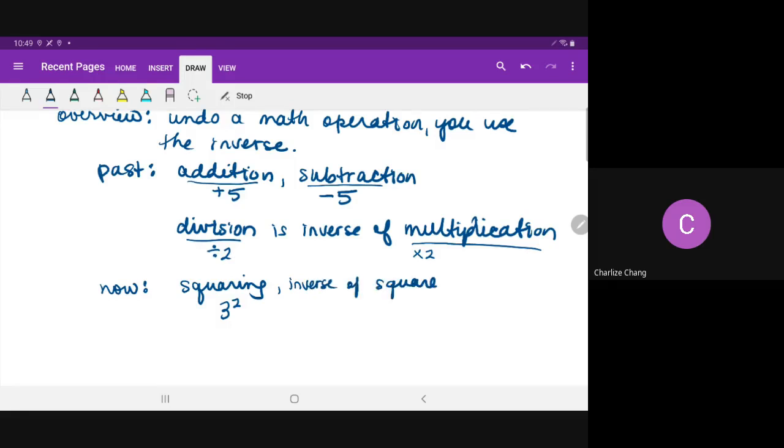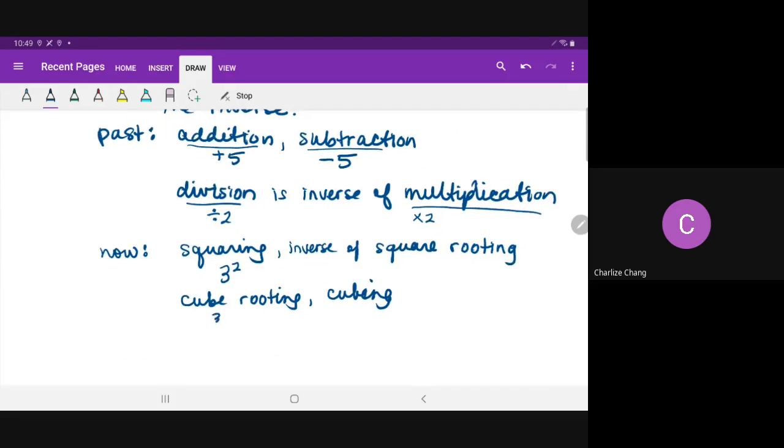So it's the idea of, in equations, how can you get rid of one that's already there? Or say you have cube rooting. To get rid of cube rooting, you cube. We'll just call it cubing. So cube rooting is like the cube root of 8, and then cubing is like 2 cubed.